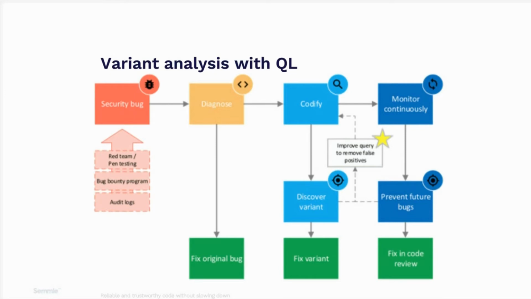That allows you to find other variants of the bug and fix them all. So now you've improved your software much more than if you just fixed the one bug that was originally found.